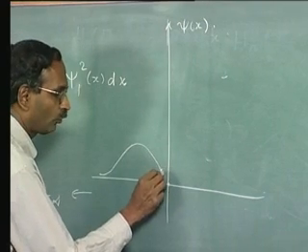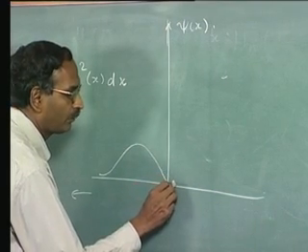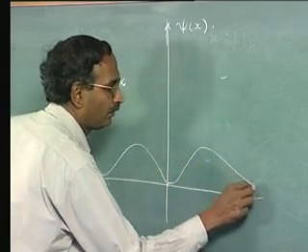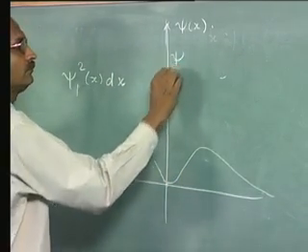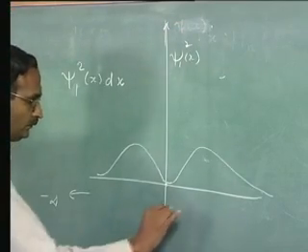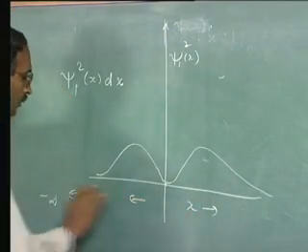I mean, the function goes to 0 anyway. I should be careful in saying the probability is not 0, but it's very small. Okay. This is psi 1 x squared, and this is positive x and this is the negative x. Okay.